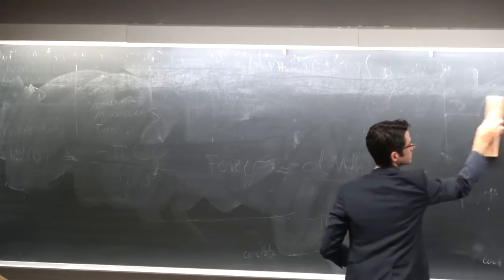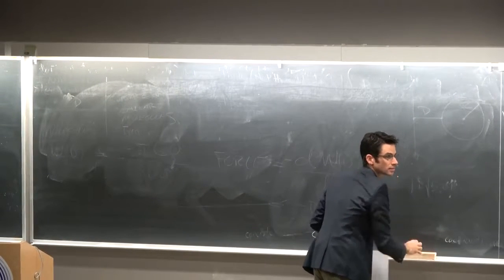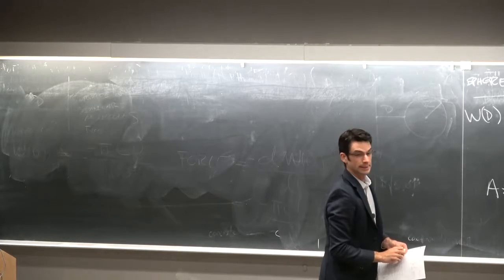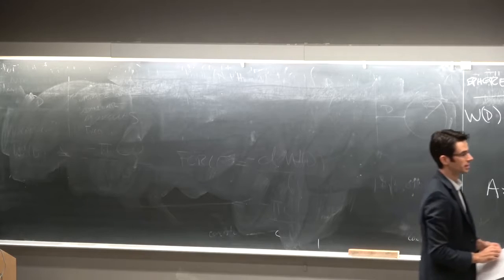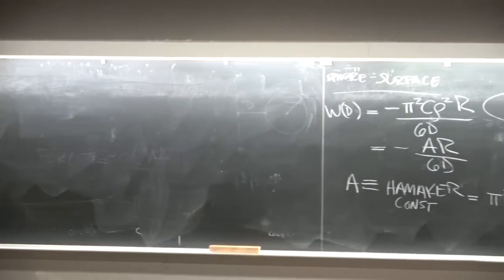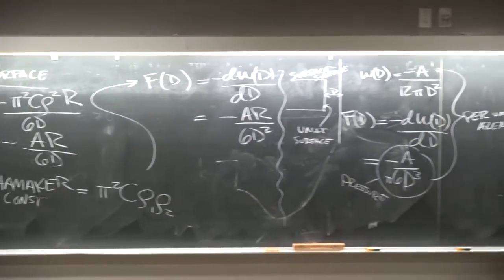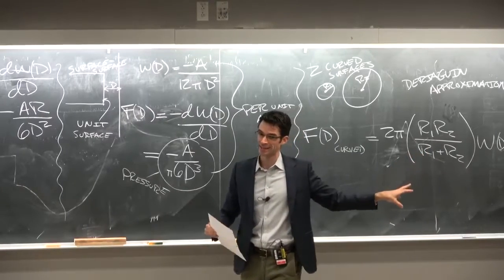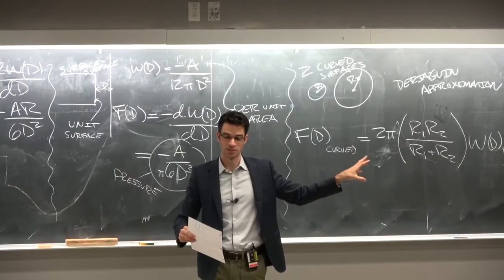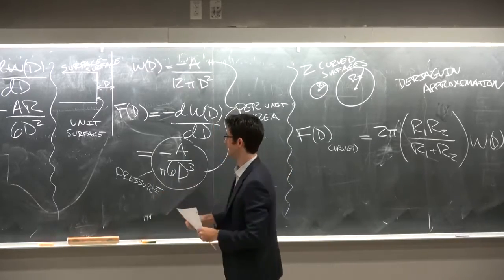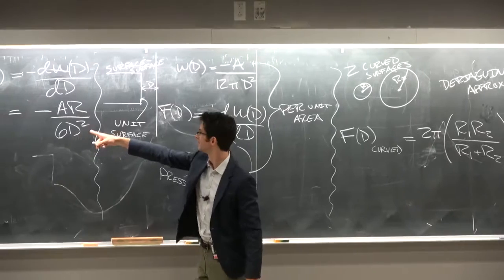So the potential energy is the same between the individual molecules of which it's made, but the functional form between two different geometries is not the same. They have different D dependencies.